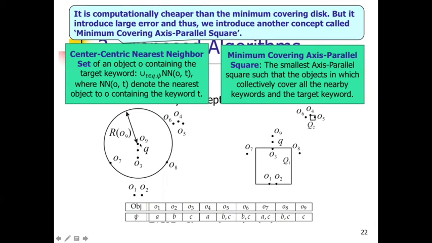Let's consider O9, which contains the target keyword C. Its center-centric nearest neighbor set consists of O7 and O8. In the right figure, the two squares Q1 and Q2 are both minimum covering axis parallel squares, because the objects in each of the squares cover all nearby keywords and the target keyword.